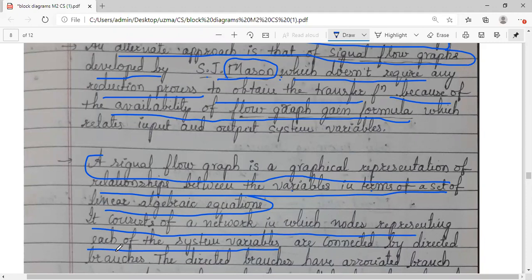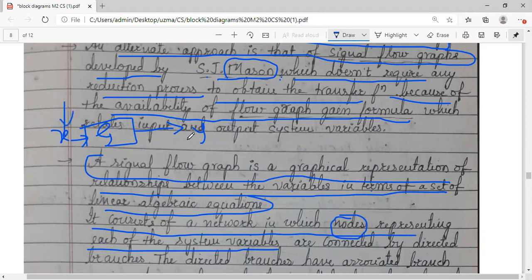Here, nodes represent system variables. For example, if I have a system with x as input, G as the gain of the system, and y as your output, what does a node indicate? It indicates the system variables.